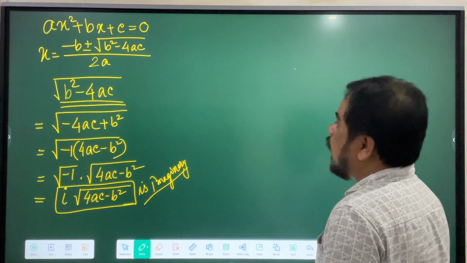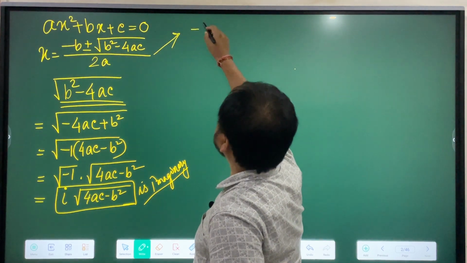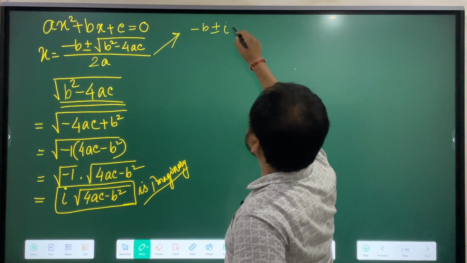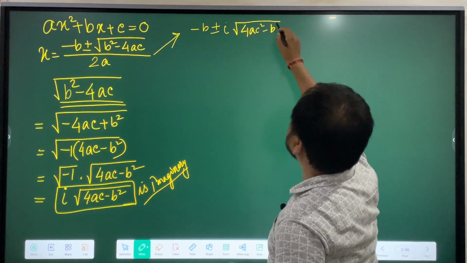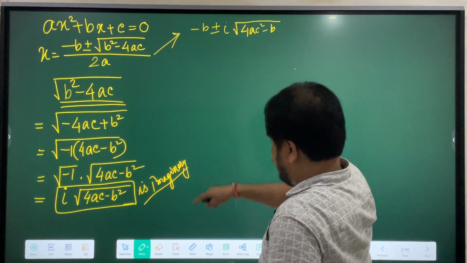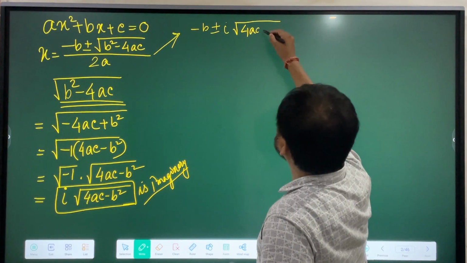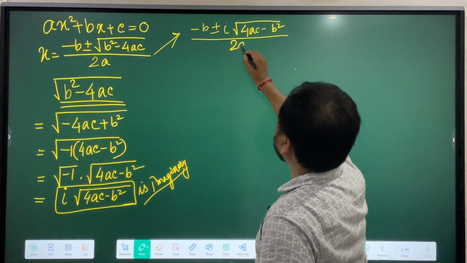So now how will you write this? We will write it this way: minus b plus minus i square root of 4ac minus b square, by 2a.